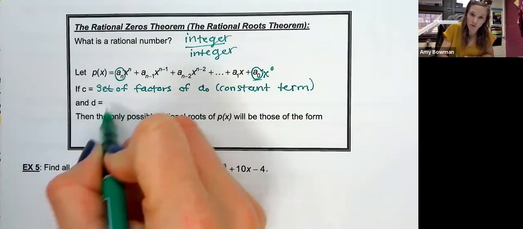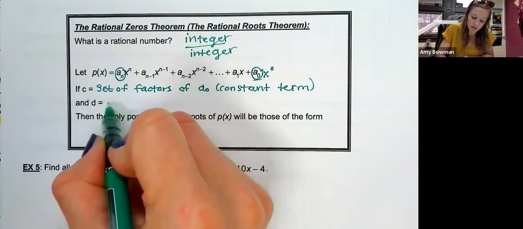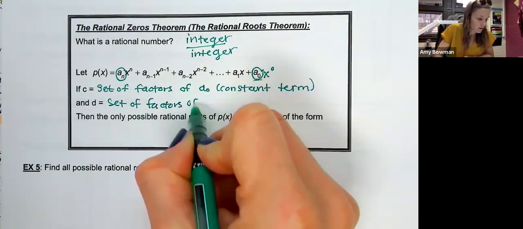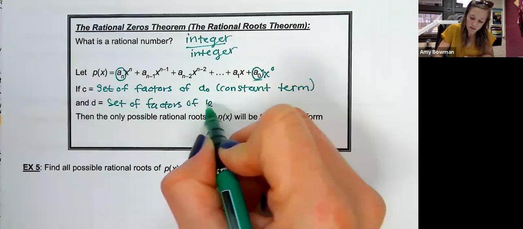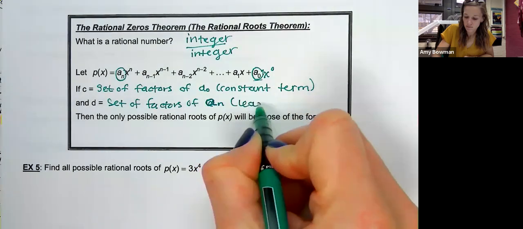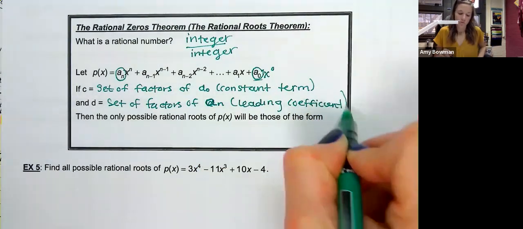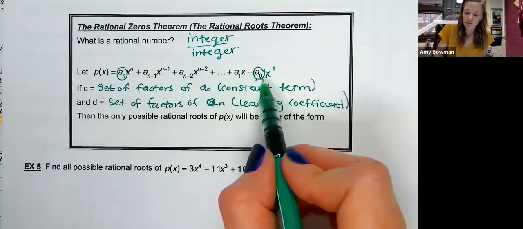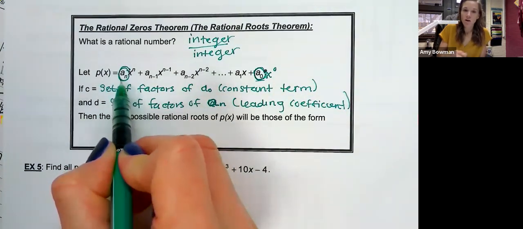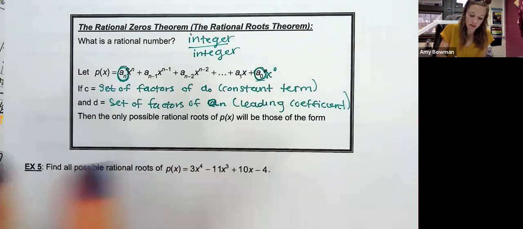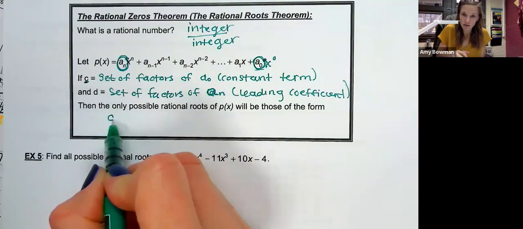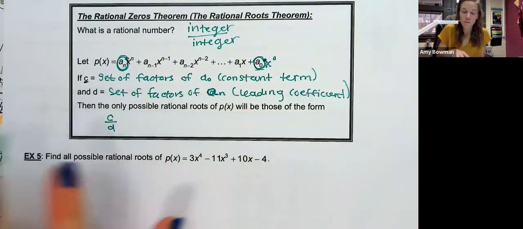And D is the set of all of the factors of the leading coefficient. I'm just going to write a sub n, the leading coefficient. Okay, so if we can list out all of the factors of this constant and list out all the factors of this leading coefficient, then all the combinations of C divided by D are going to give us all of our possible rational roots or zeros of a polynomial.